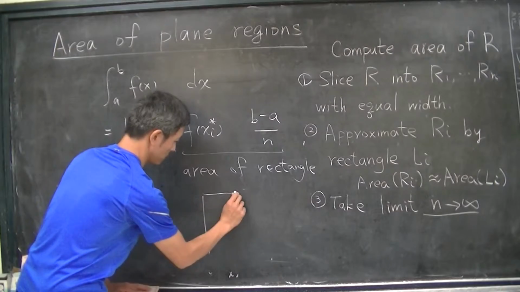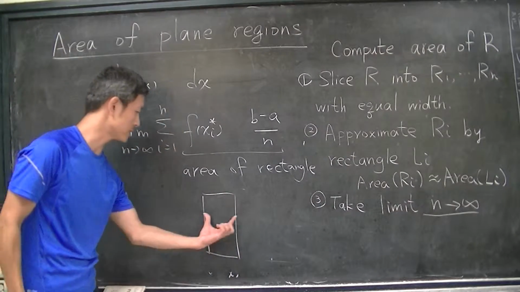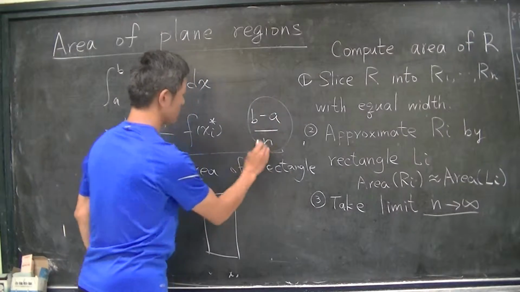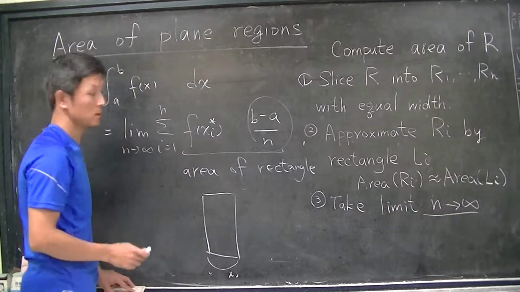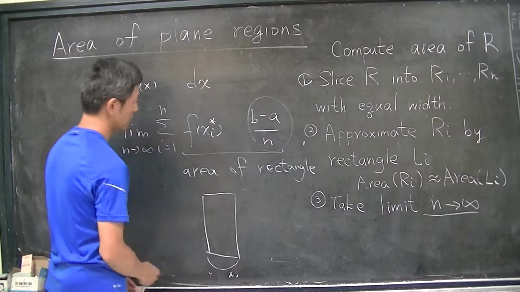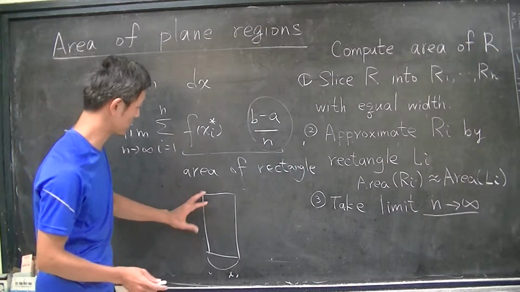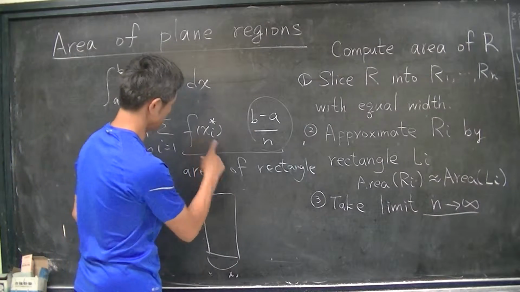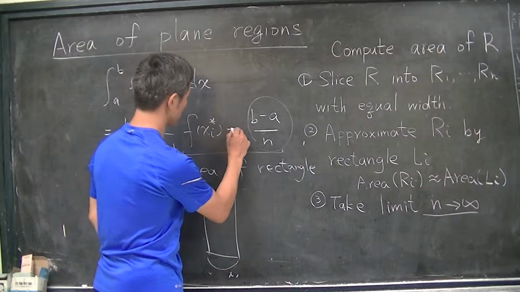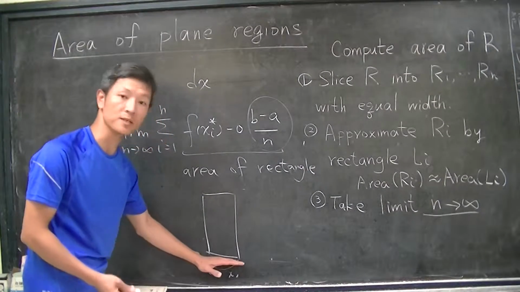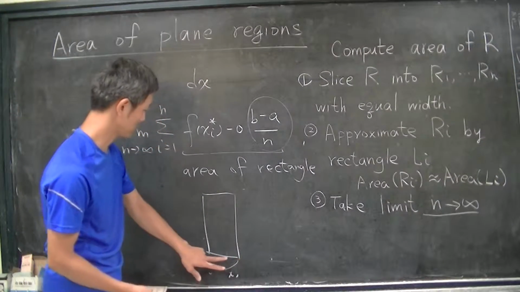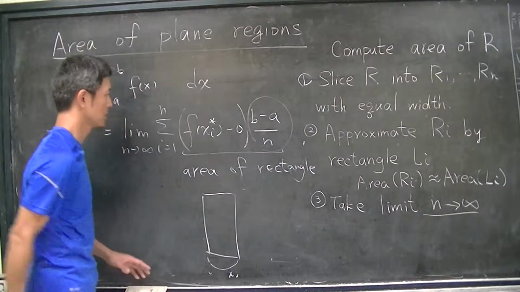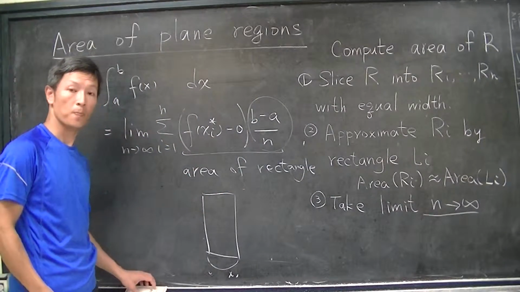And we know that a rectangle is determined by 4 sides. This term determines the width, and this term determines the height. Actually, this is the difference between the top and the bottom. More precisely, in the previous example, because the bottom is the x-axis, the height at this point is 0. So we can write it in this way.